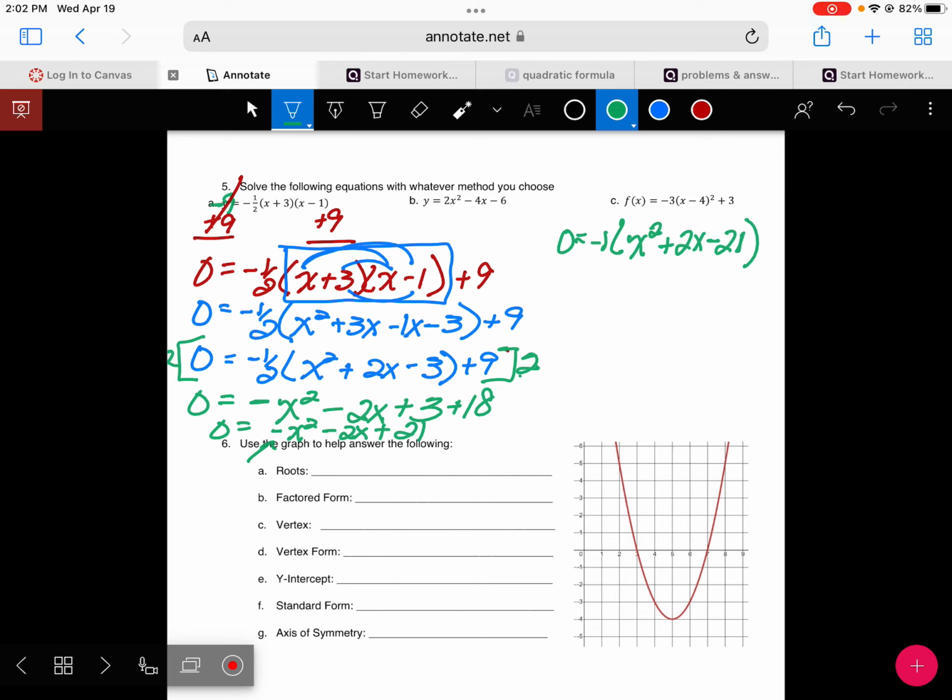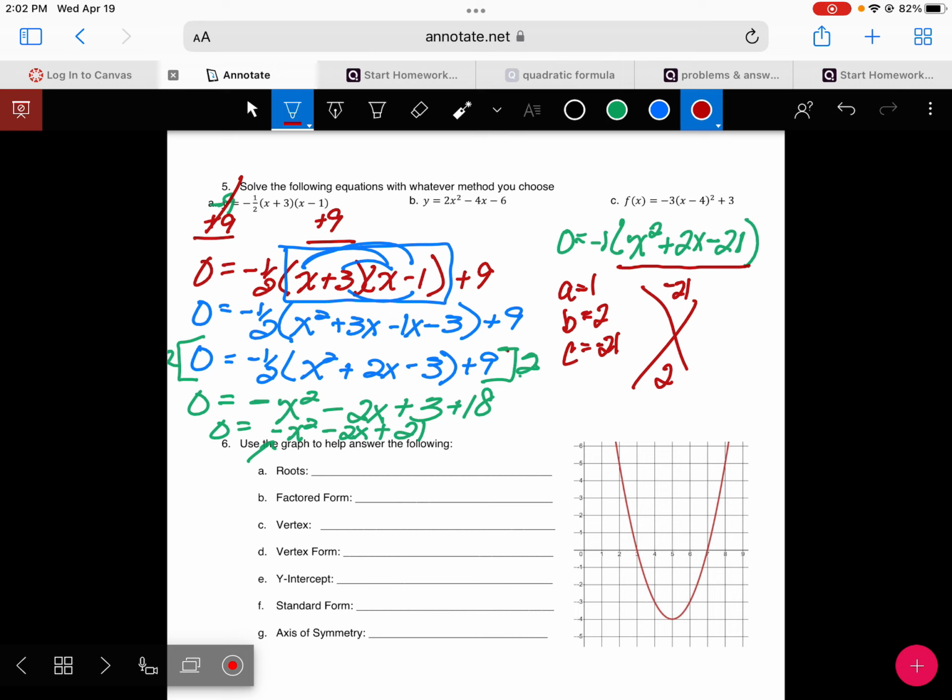What are we trying to do? Solve it, right? This is a quadratic. So we might try what? Xbox? Try to factor it, right? So A is 1, B is 2, C is negative 21. If we do Xbox, we get negative 21 here.